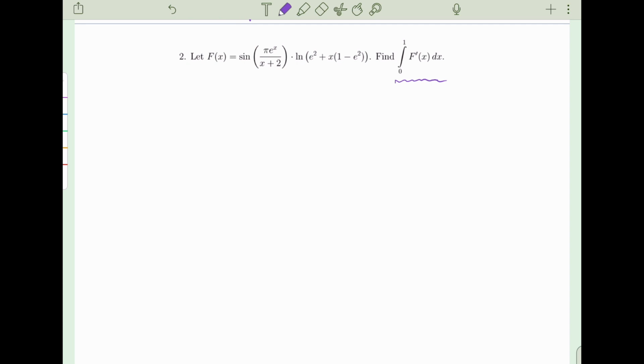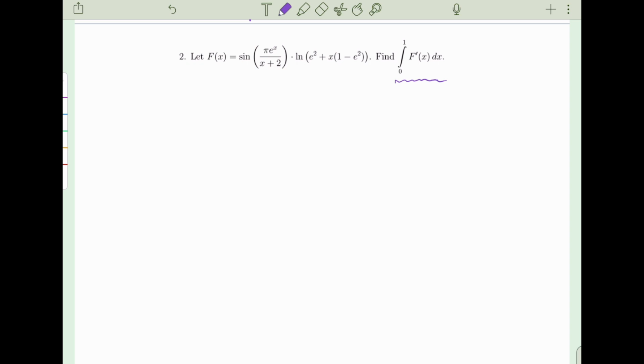So we will think of the fundamental theorem of calculus. The fundamental theorem of calculus tells us that we can find the definite integral by finding the original function. So suppose you have the original function, then you can just plug in the upper bound into the original function minus the thing you get by plugging in the lower bound.